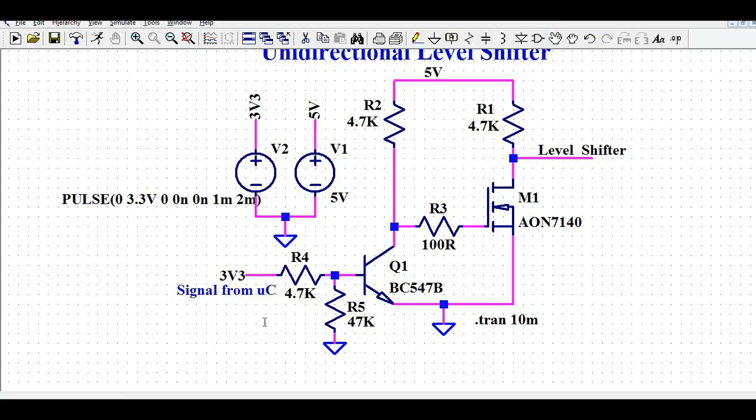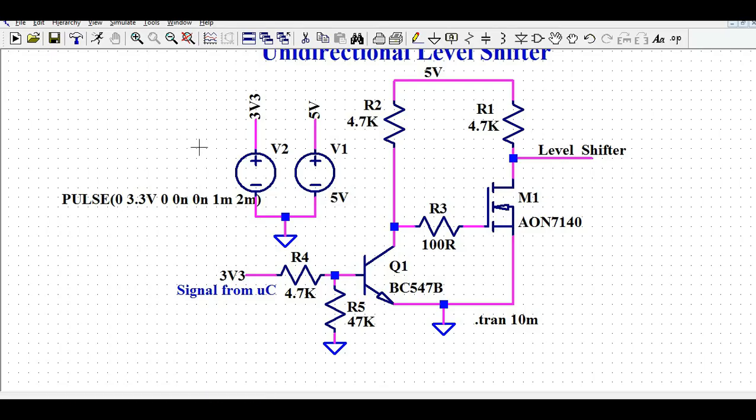That means you are getting 3.3 volt, so this transistor Q1 is on. If Q1 is on, your M1 is going to be off and you get 5 volt here. When Q1 is off, M1 is on and you get 0 volt here.